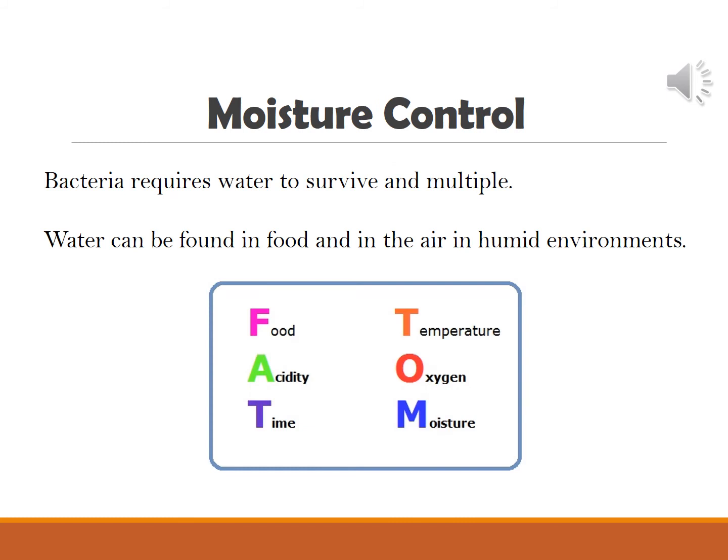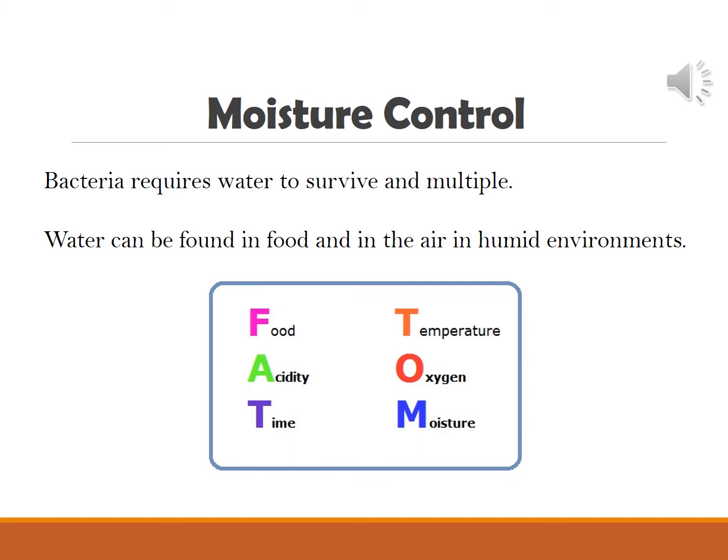Moisture is in some way, shape, or form related to the presence of water, and bacteria requires water or moisture to survive and to multiply. Water can be found inside of foods and also in the air of very humid environments.